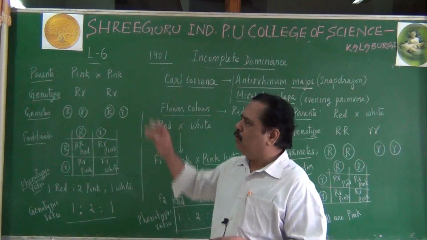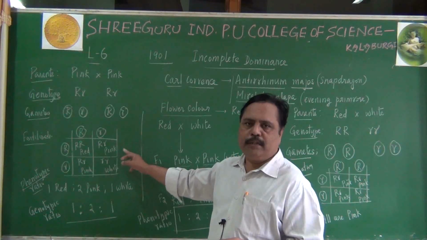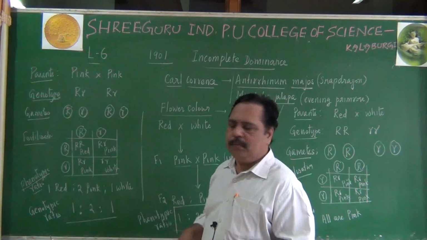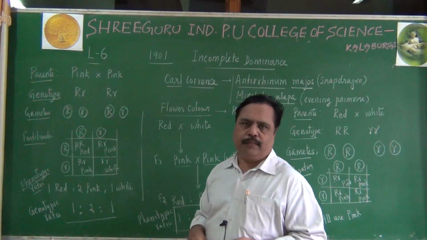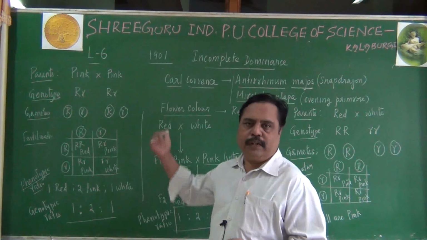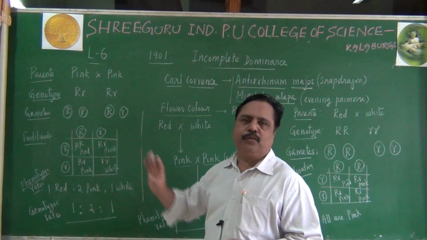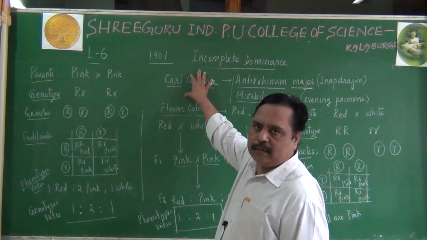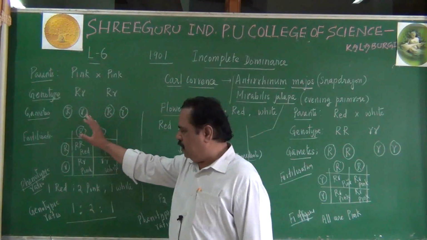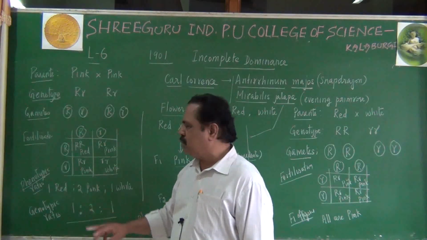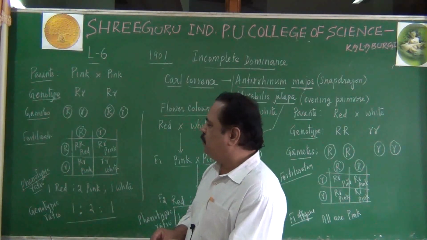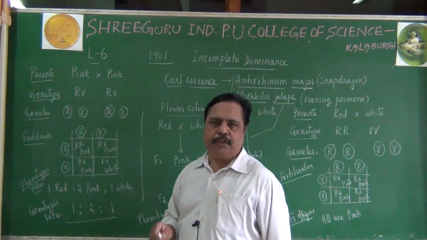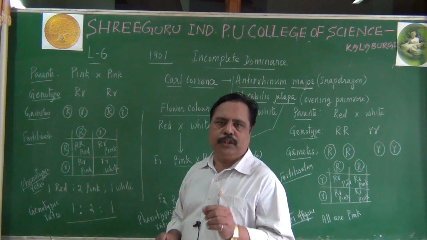Is it not? And what is the phenotypic ratio of incomplete dominance? 1:2:1. What is the genotypic ratio of incomplete dominance? Again 1:2:1 only. So in incomplete dominance, the F2 generation will produce both phenotypic and genotypic ratio as 1:2:1.